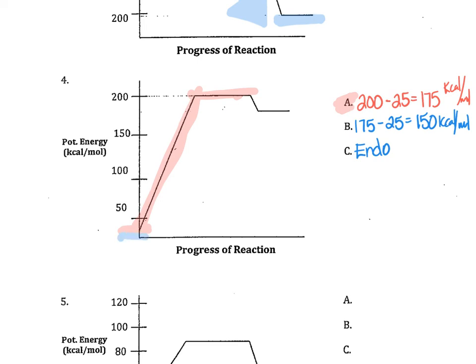Delta H is going to be the difference between our products and our reactants. Our products are at about 175 and our reactants are at 25. So that gives us a lot of energy going in to the reaction because we've got more energy at the end than at the beginning. So we have an endothermic reaction for number 4.